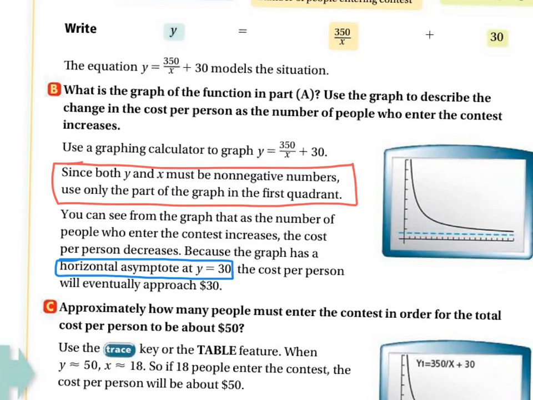If there were only 5 people, 350 divided by 5 would be 70, plus 30, that'd be $100. Whether we can get people to pay $100 each for this contest, I don't know, but you can kind of see that from the graph. So we start out with a high cost per person, but the more people there are, they split up that $350 between them, and then it becomes less cost per person.